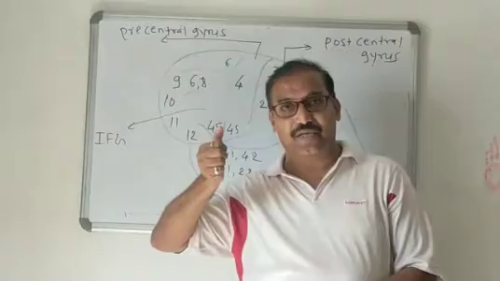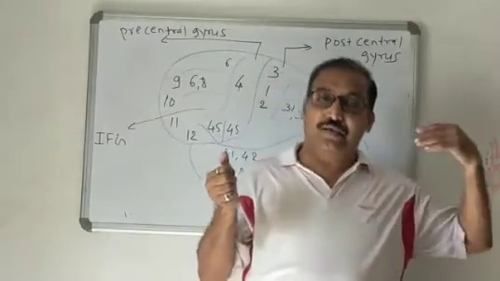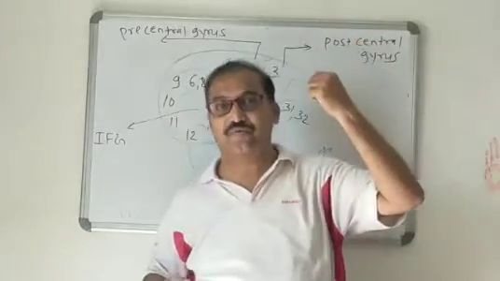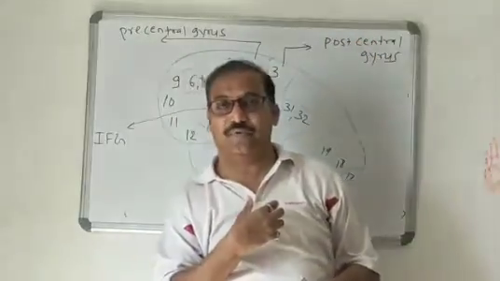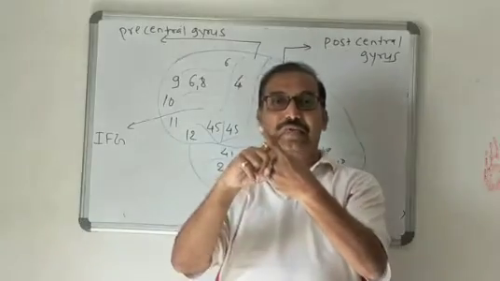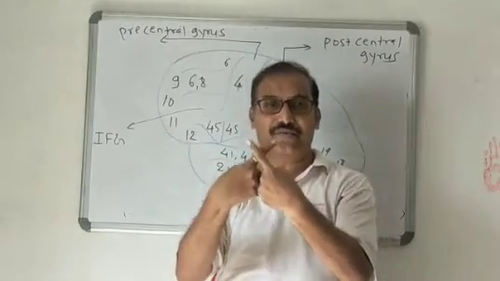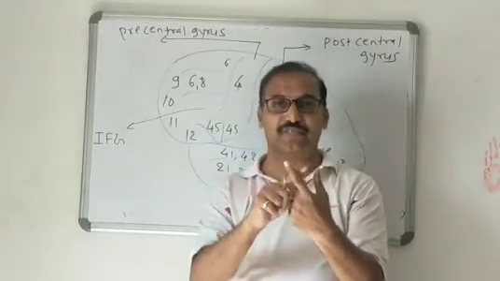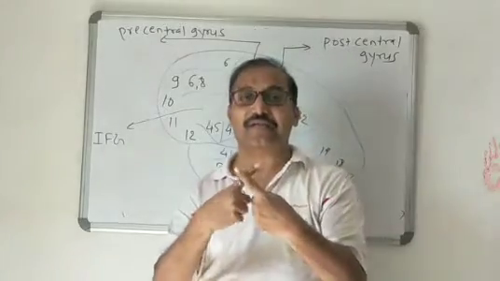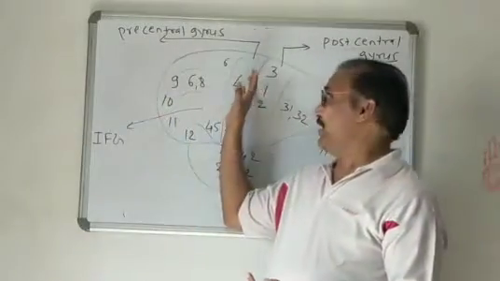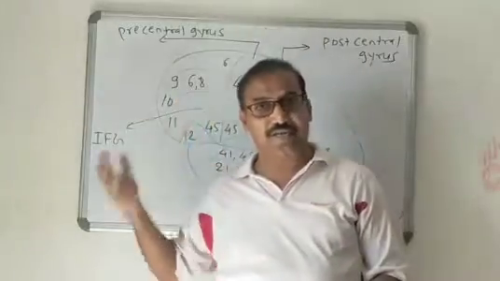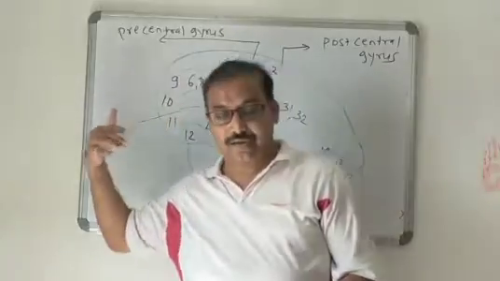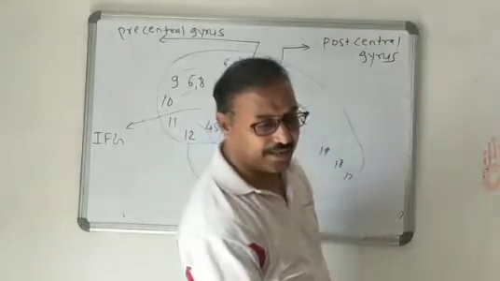The right cerebral hemisphere controls the movements of the left side of our body and the left cerebral hemisphere controls the movements of the right side of our body, because at the level of the medulla there is a pyramidal decussation, meaning crossing of fibers. The right side fibers go to the left side and the left side fibers go to the right side. So that is pyramidal decussation. That is why I said this motor area controls the opposite side. Suppose my right hemisphere controls the left side and the left cerebral hemisphere controls the right side of our body. So this is regarding area number 4.